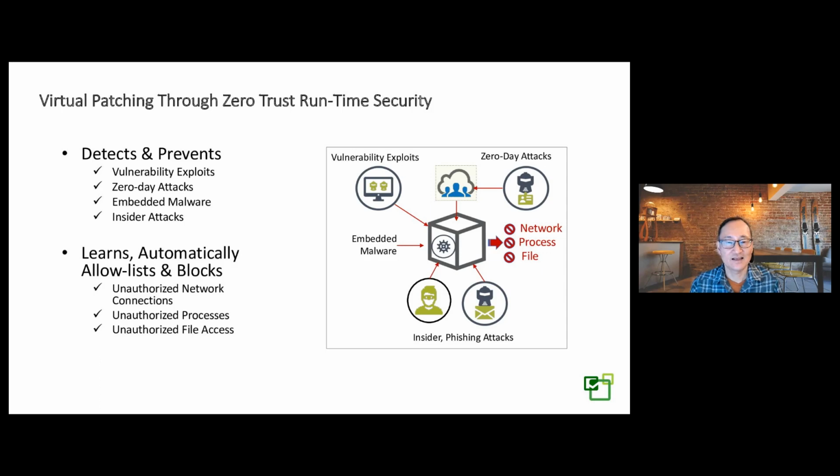And any unauthorized network connections, processes, or file activity is going to be detected. And you can choose which deployments you want to just alert you on and which ones you actually want to block any of that activity. By being able to do that, we are able to prevent vulnerability exploits from being attempted or successful.